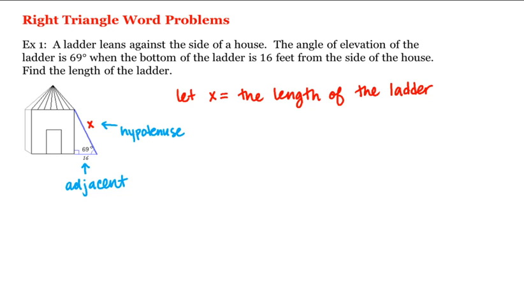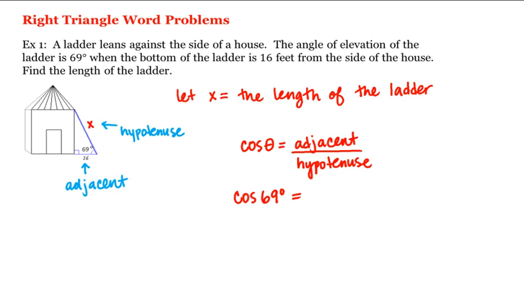And therefore, the cosine function can help us, because remember, cosine of theta is equal to adjacent divided by hypotenuse. So for our triangle here, that means that cosine of 69 degrees is equal to, the adjacent is 16, and the hypotenuse is x.